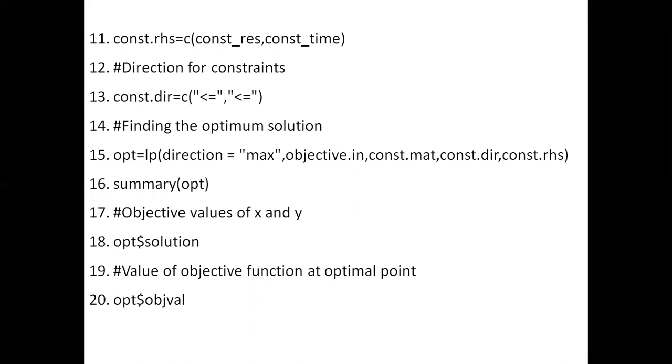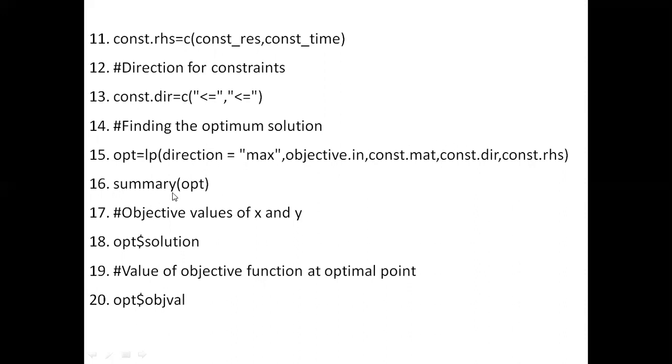The directions involve either less than or equal to, or less than, and after simplification we will be finding the optimal solution. So for these optimal solutions, the linear programming direction is maximum objective, constant matrix, constant directions, constant RHS, and all these constraints need to be solved.